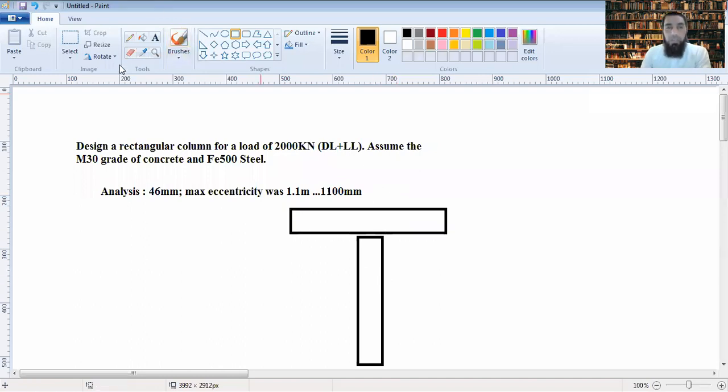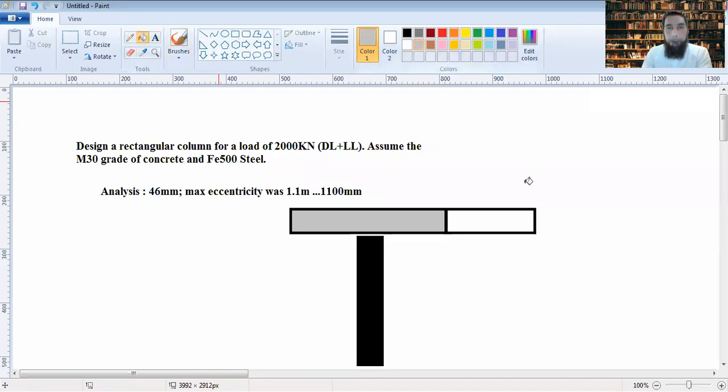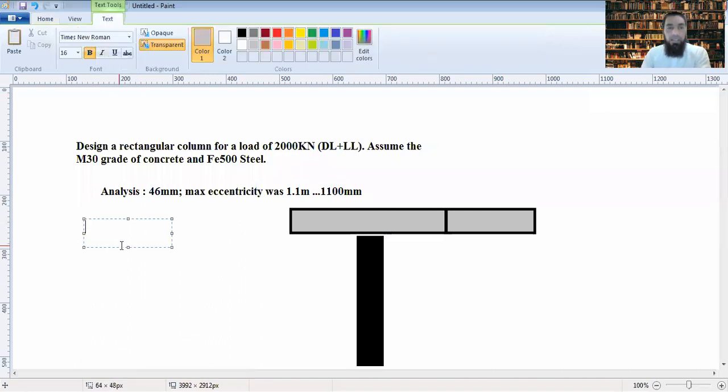For example, this is the column and you have a beam over it, and this beam is continuous, offering an eccentric load over this column from one of the sides.